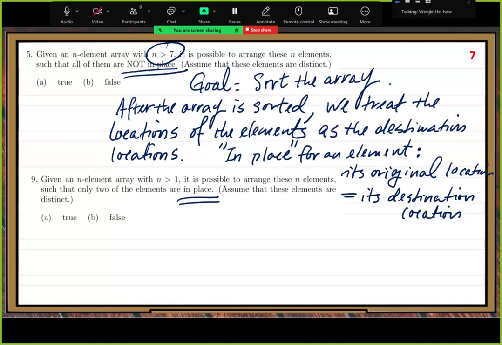Number 9 is similar, right? Similar understanding of in place, but this time only 2 elements are in place. The remaining n minus 2 elements are not in place. This time I use n greater than 1.